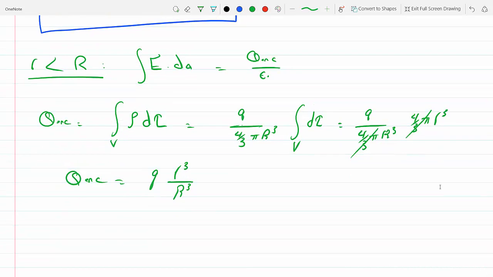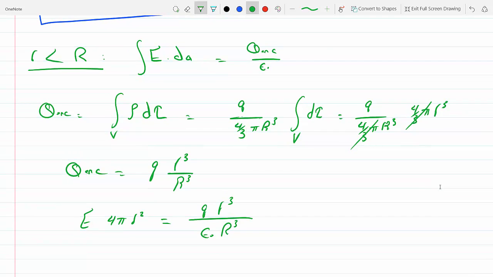Now back to Gauss's law, E times 4 pi r squared equals Q r cubed over epsilon R cubed. Cancel r squared with r squared, and I will get E to be Q over 4 pi epsilon R cubed multiplied by r, and this is also in the radial direction.